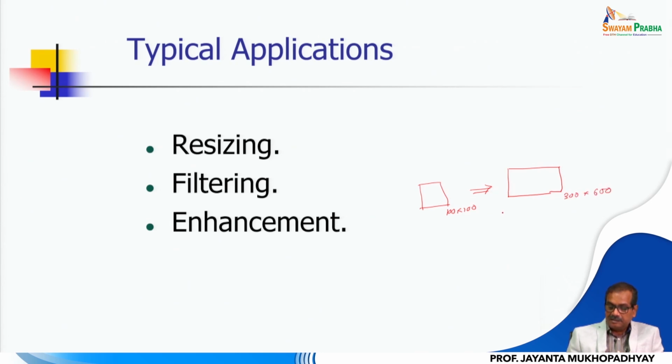So arbitrarily you can do this. This is a kind of upsampling operation. Similarly, you can perform the downsampling operation where you reduce the dimensions of its width and height, say from 100 cross 100 to 50 cross 50. So these are the resizing operations.